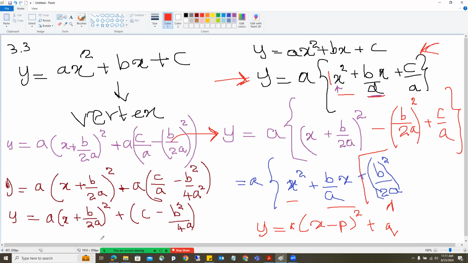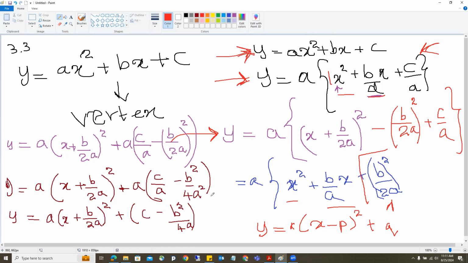Is it clear? Can you do this one by yourself? Start from this standard form, convert this standard form equation to the vertex form now. Do it by yourself. Start with the standard form equation, and that's what we have to learn for the entire 3.3 section.